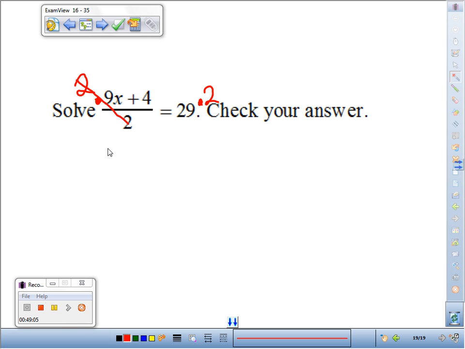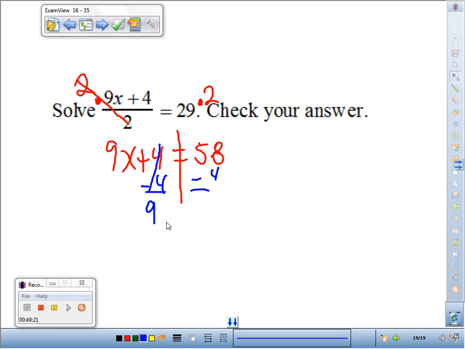So we end up with 9x plus 4 equals 58. And from there, you know what to do. Subtract 4 from each side. 9x equals 54. And at the end, we divide by 9.